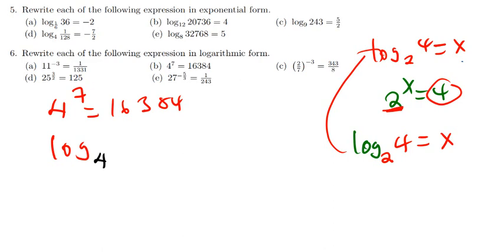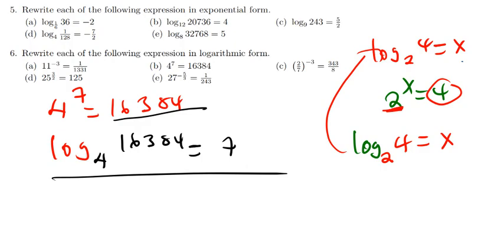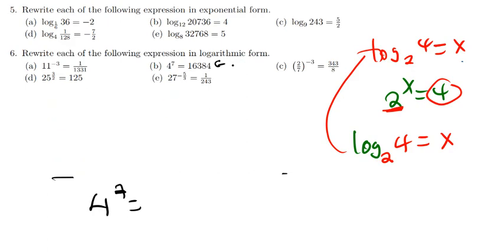Then what is outside here is going to be inside here: 16,384 should be equal to the power, 7. We have taken it back to log from exponential. I can again take it back to exponential to say 4 raised to the power 7 is equal to 16,384, meaning it's back to exponential. Is that hard? No, sir. Thank you very much.